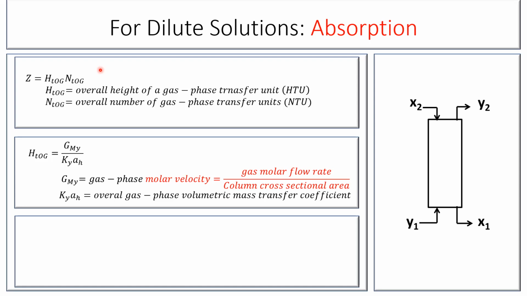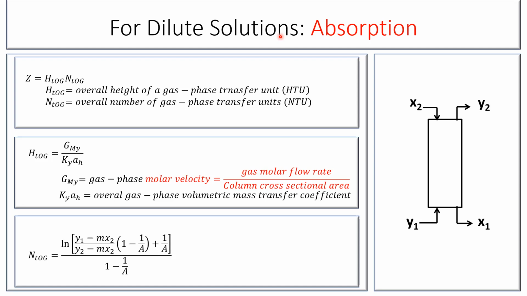For the case where the solute concentration is low, which is basically a dilute solution, and this is a common situation in the oil and gas process, and the equilibrium line is basically a straight line, then this equation can be used to determine the number of transfer units based on the gas phase resistance.